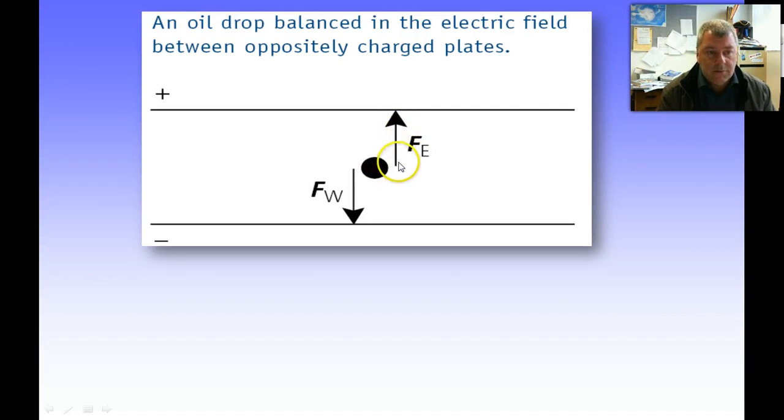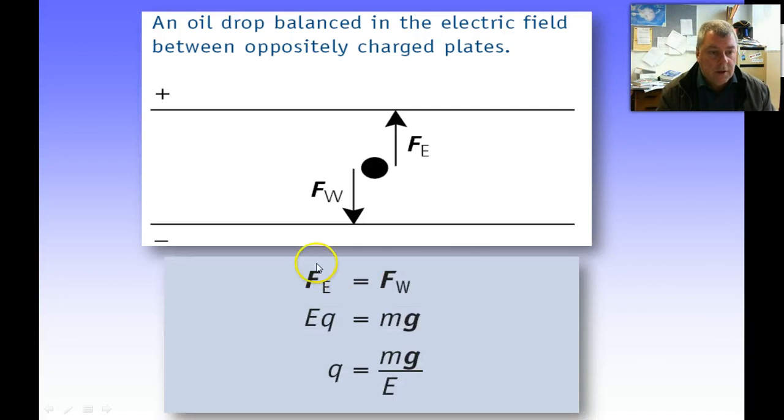And what Millikan was trying to do was to balance these two forces and get the droplet to hover between the plates, and therefore he would know that the weight force is equal to the force due to the electric field.